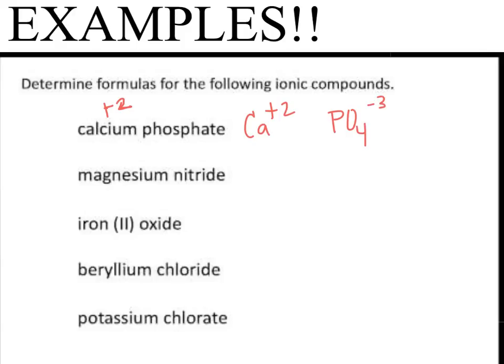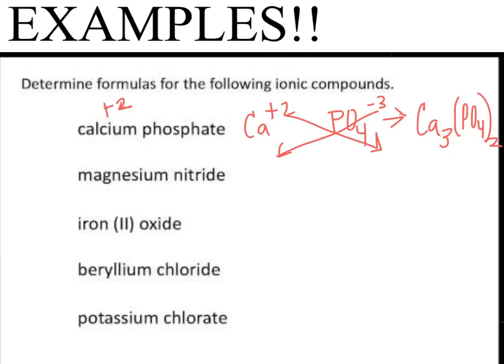So that's on your common ion sheet if you're wondering where I got that. So we have a plus 2 and a -3. You could do the math in your head, or you can do crisscross. Common multiple is 6. So then this should be Ca3, and then parentheses around the PO4, and then that 2 goes on the outside, like that.